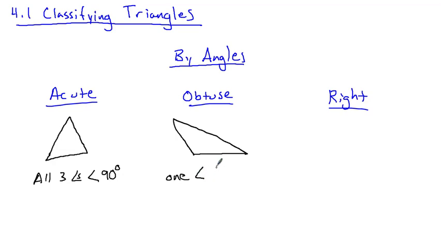And the last one, a right triangle, which of course you know, is a triangle that has one angle equal to 90 degrees.